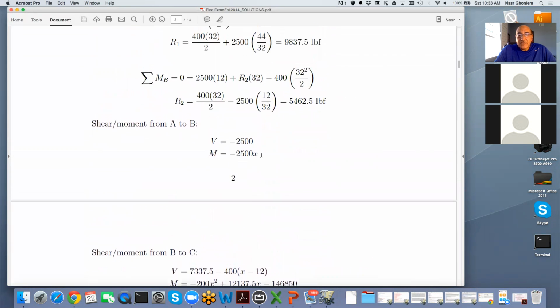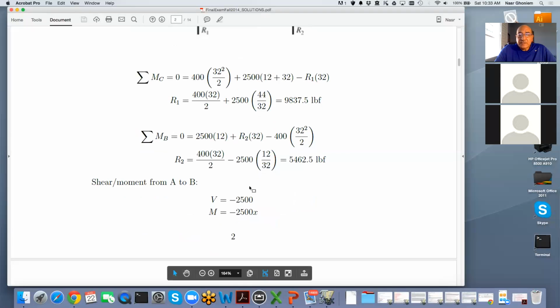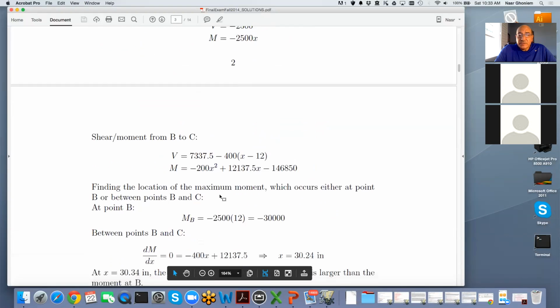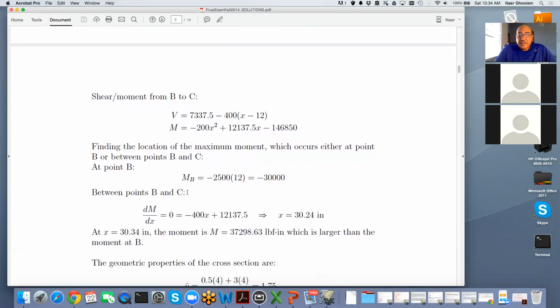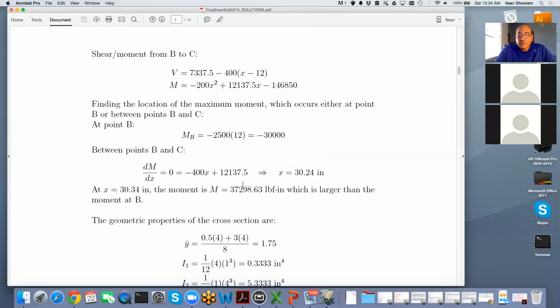And we have sections here from A to B. I didn't do it fancy with the singularity functions, but just section by section, from A to B, and then from B to C. From A to B, you have a V and an M. From B to C, you have a V and an M with equations. Then you take the derivative of the moment, you get the position where you have maximum moment, and you find the maximum moment.